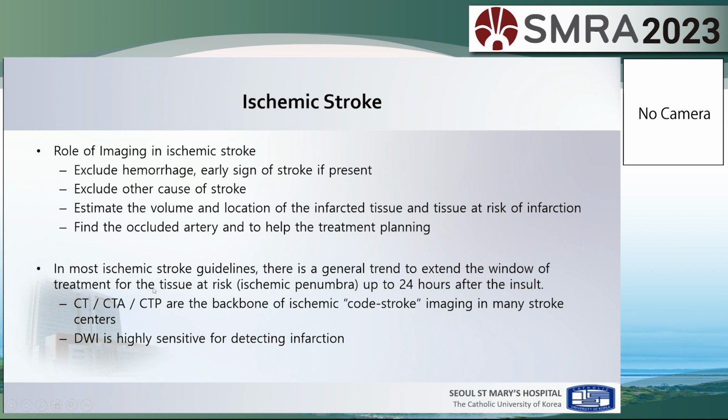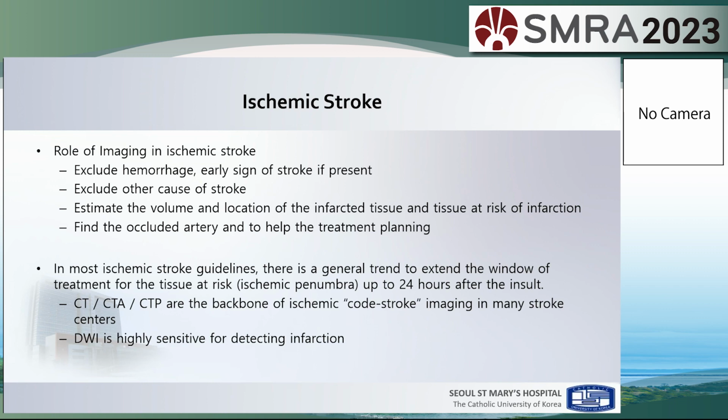But nowadays, in most institutes, for the acute ischemic stroke evaluation, CT, CTA, and CTP are mostly the backbone, because of rapid availability. Let's say in our hospital, CT is integrated in the ER, emergency room, so we also do CT-based triage.